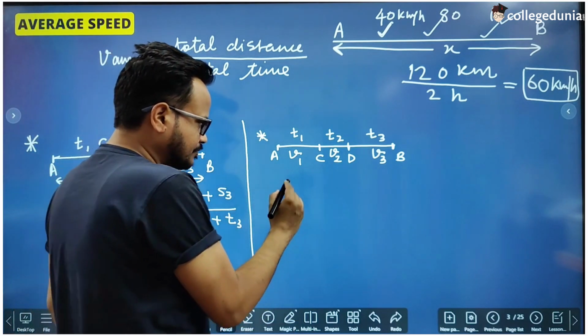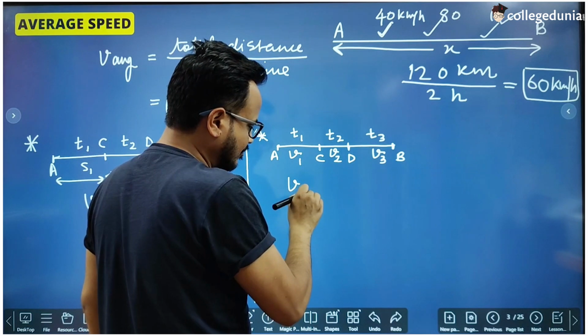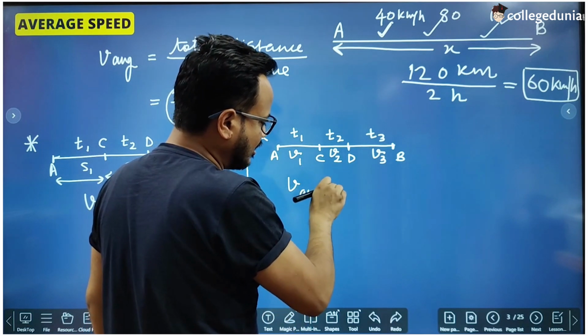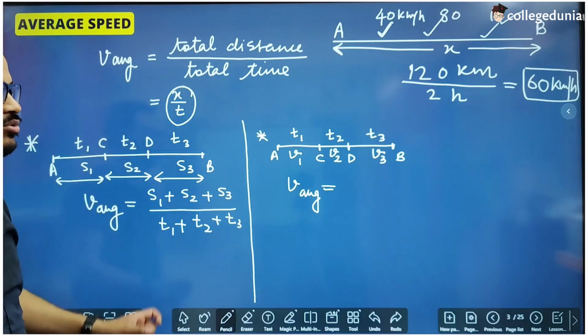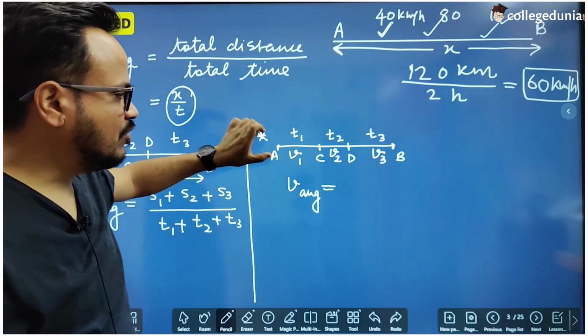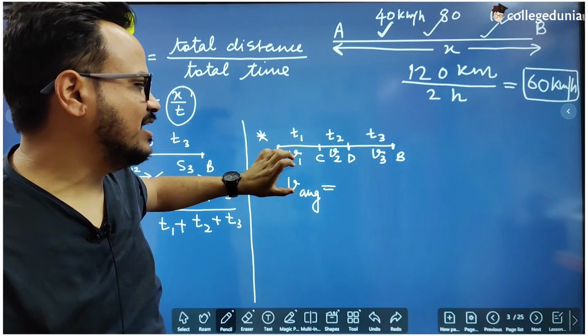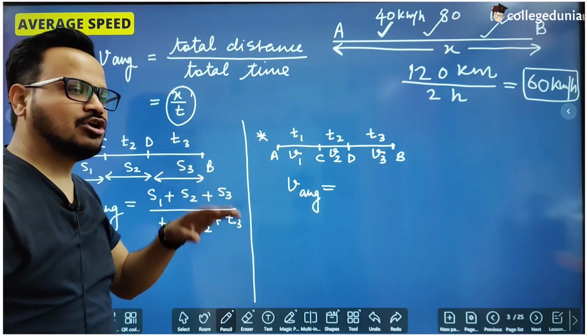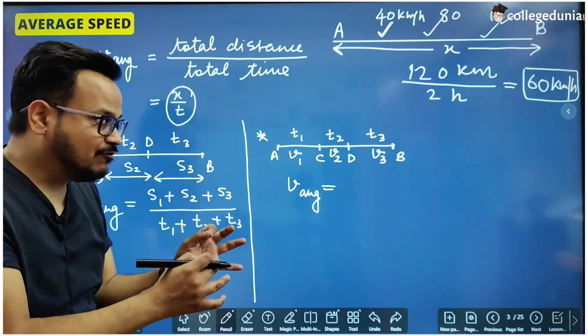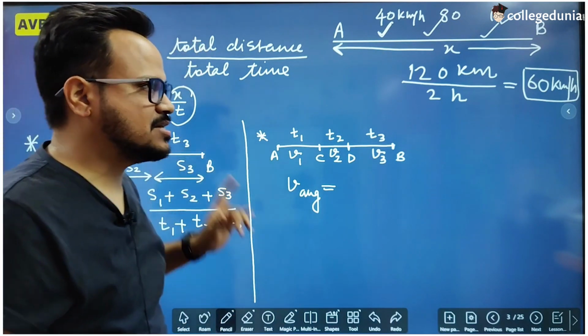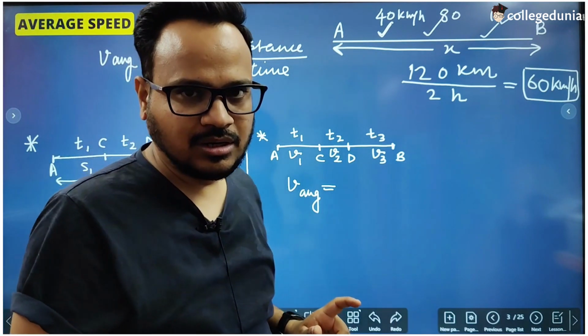Okay, so what is V average? Again, it is total distance traveled by total time taken. Some students make this mistake: they add V1 plus V2 plus V3 and divide this sum by 3. This is not the maths wala average. We are not finding the mean. We have to apply this formula, total distance traveled by total time taken.